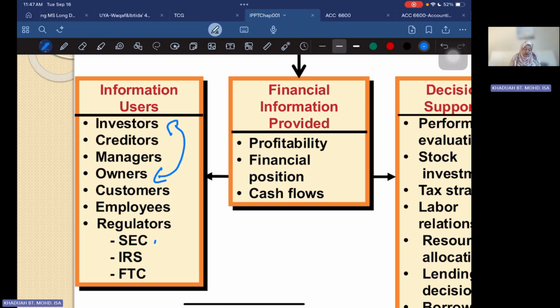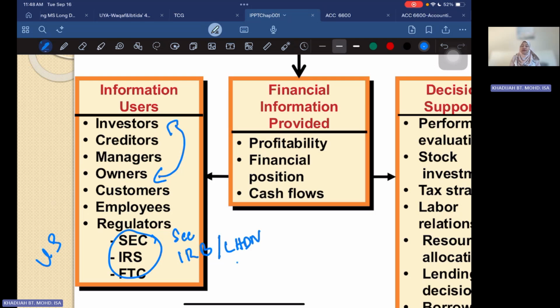If you look at these regulators here, the textbook is using the US textbook. So in Malaysia, for example, we have the SEC, which we call the Securities Commission. IRS is the Inland Revenue Service. In this case, we call it the Inland Revenue Board, or LHDN.